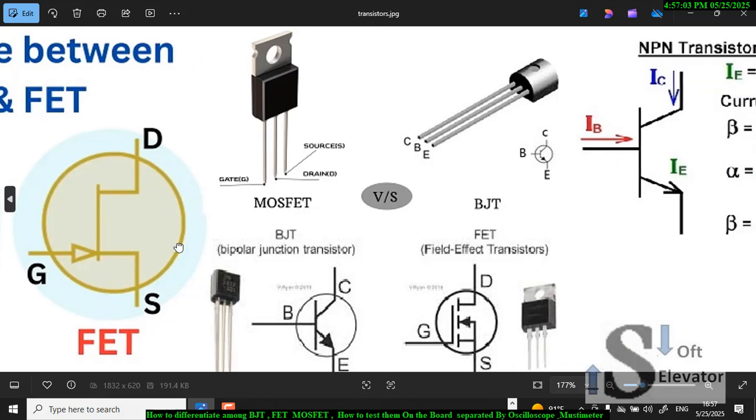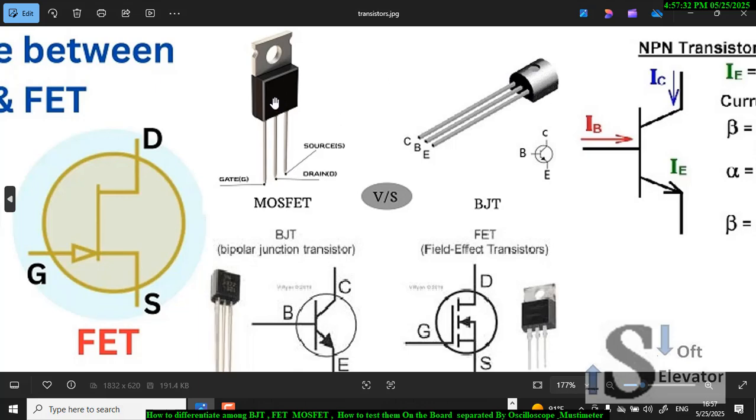Let's know where the base is, where the emitter is, where the collector is. If I have this shape of the BJT, here on the upper side, in the middle is the base, while on the right of it, if I sit here, the collector, and on the left the emitter.